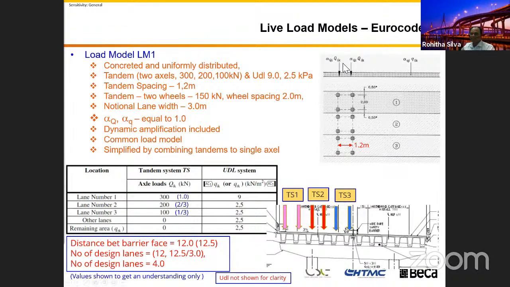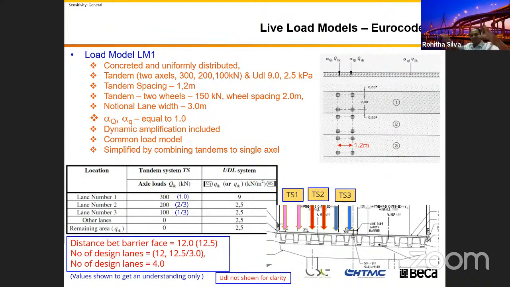And there is a multiplication factor alpha because they put this one. This code is defined in Europe in many different countries, and their road agencies can define this factor. You want to multiply by 10% or you want to reduce by 10%, or you want to use it in a rural area, you want to use a factor like 0.6, or if you want to use the same one in the highway, you want to use what.